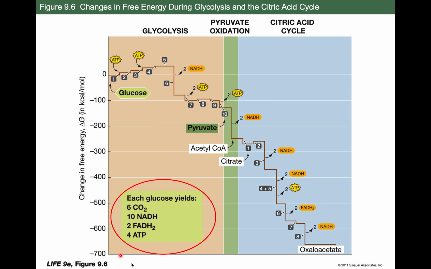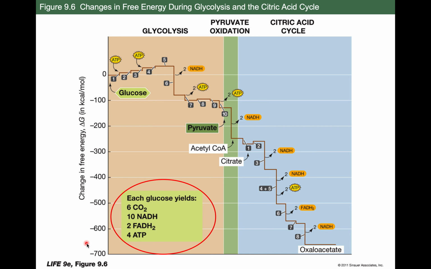So if we think big picture, overall for each glucose that we started with, we would have produced 6 carbon dioxide as a byproduct. We would have made 10 NADH reduced electron carriers, a couple of FADH, and only 4 ATP. And so if you remember, I mentioned earlier, you should be able to get up to 32 ATP for each glucose, excuse me, that you started with.